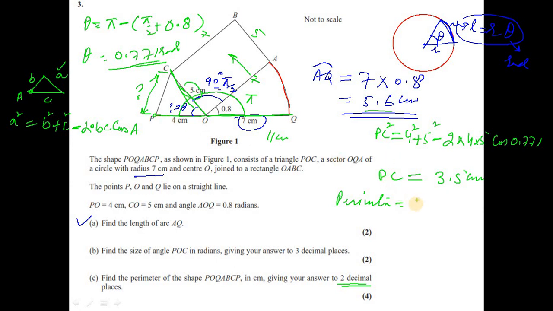So just for your understanding, starting from P to O, O to Q, Q to A, and then B, C, and come back to P. That means 4 plus 7 plus 5.6, 5.6 plus 5 plus 7 and plus 3.5, and you can add all these numbers, so you can have 32.11, 2 decimal place, centimeter. This is your answer.